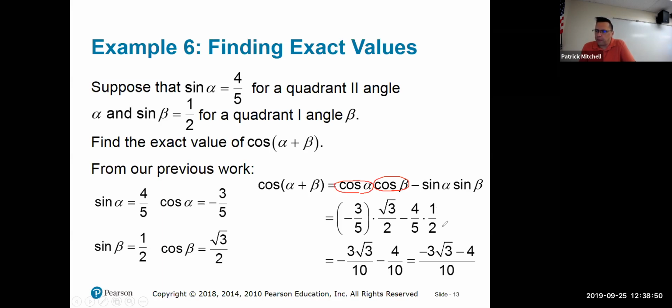And 4/5 times 1/2 is 4 over 10. Notice they didn't simplify the fraction. That was very clever of them, actually, because they're keeping these with the same denominator. Okay, so negative 3 root 3 over 10 minus 4 over 10 is negative 3 root 3 minus 4, all over 10.